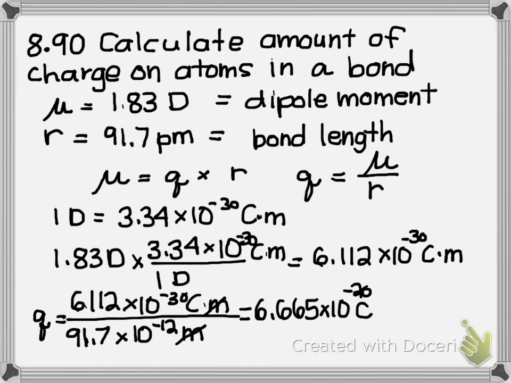Now, looking at this problem further, the answer wants us to convert this number into the units of electronic charge units. So let me move to the next page, and I'm going to rewrite that number.